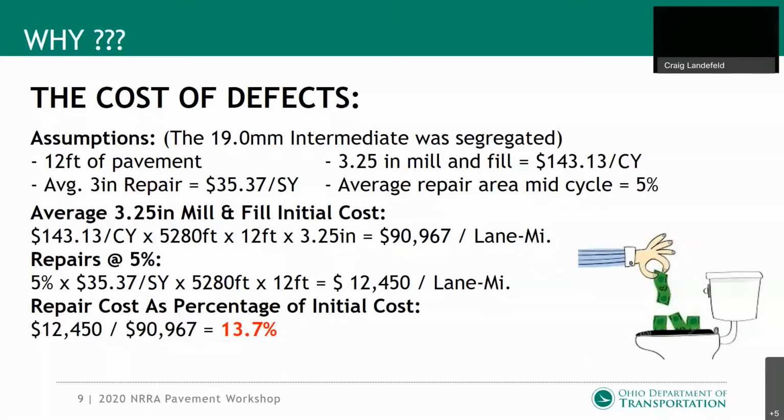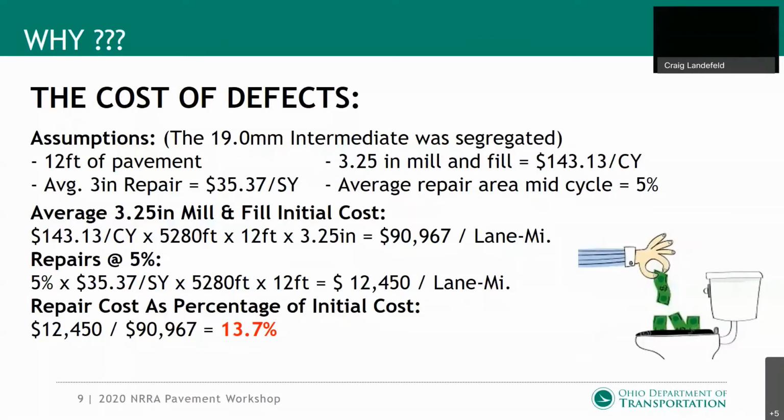But if we look at our typical repair costs for the area and look at a 5% repair and our average repair costs, we're looking at about $12,500 roughly per lane mile, which works out to about 13.7% of the initial cost that we spent during those mid-cycle.